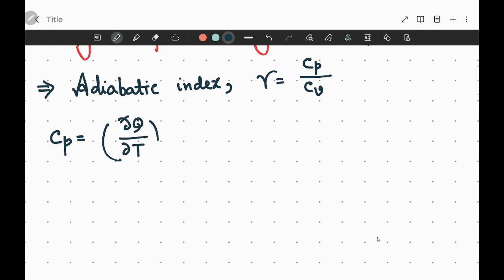We know heat capacity means the amount of heat required to increase the temperature of that macroscopic system by 1 Kelvin, 1 unit. So this is Cp, that means we have to carry out that procedure at constant pressure, and Cv has the same definition, just at constant volume.